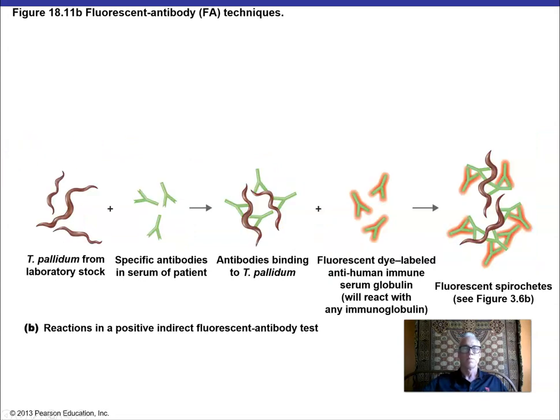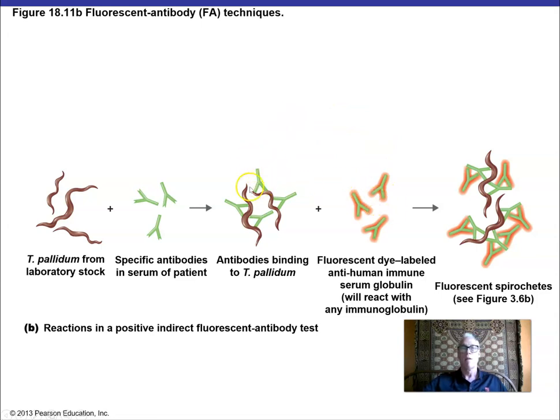Here's another one. You can look for syphilis-causing bacterial antibodies. So if someone has syphilis, Treponema pallidum bacteria will have induced an immune response, and they would have antibodies circulating. If you take some Treponema pallidum grown up in the laboratory in culture, and then mix that with the patient sample, if there's antibodies present, then you can add a second antibody, an antibody against the antibodies, right?